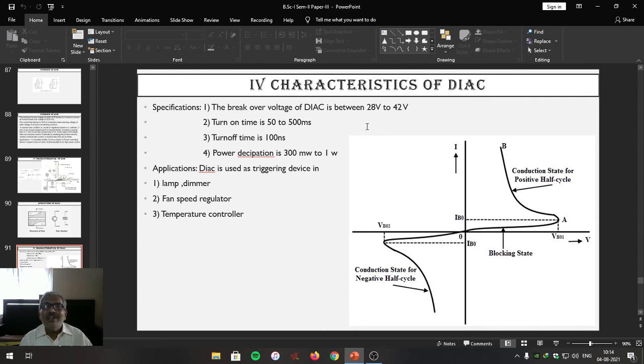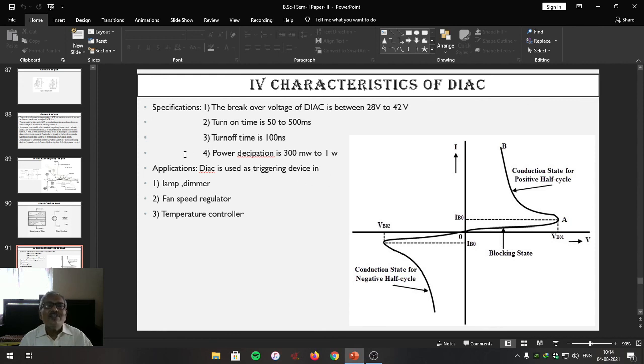Designer came to know that diac should be operated within the voltage of 28 volt to 42 volt. Also, one has to think about the power dissipation so that temperature should not increase much more and damage the diac. So that's why this specification plays a very vital role.